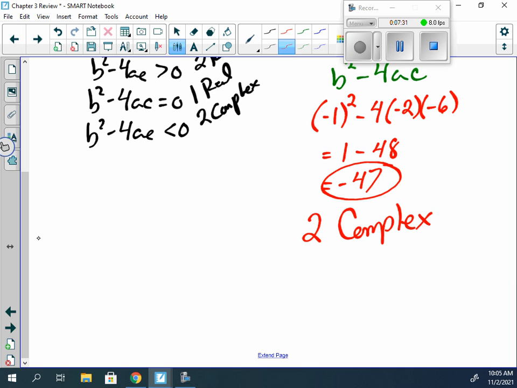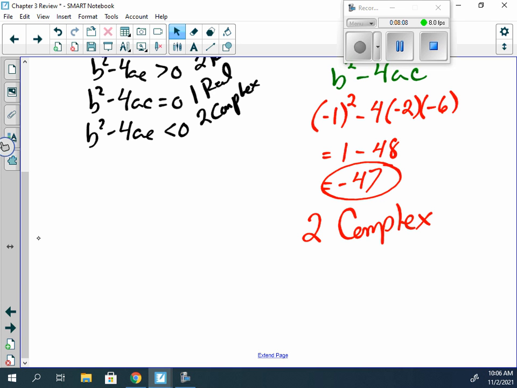Now on the test, it's going to ask this in a similar form. It's going to ask to find the value of the discriminant, which we did find, which is negative 47. And why do we not do the 2a? Because we're just finding the discriminant. The discriminant is just the b squared minus 4ac, because it gives us an idea of what kind of solutions we will have. This is also helpful if you're trying to solve a quadratic equation, because if it's already set equal to 0, we can plug that in pretty quickly.